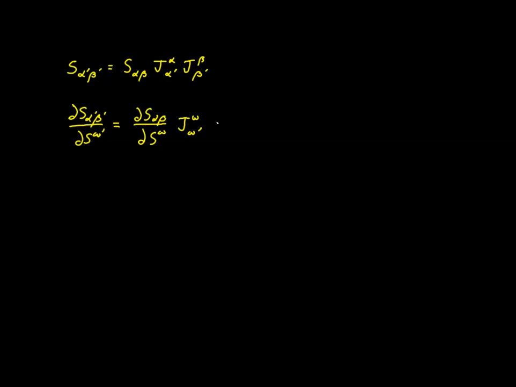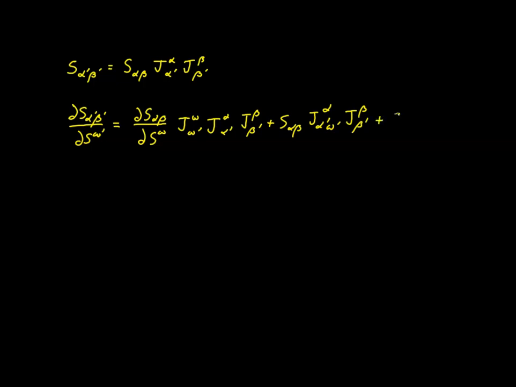Okay, we need to follow through with the rest of the terms here. We have J alpha alpha prime, we have J beta beta prime, and then we have to follow through with additional terms to complete the product rule. So S alpha beta times the Jacobian alpha alpha prime omega prime and J beta beta prime, and then same thing for this last term.